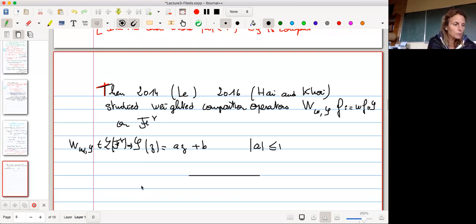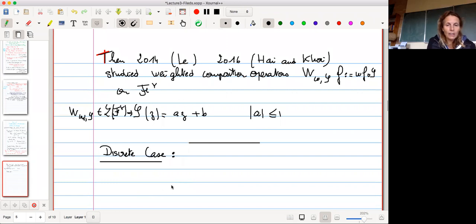So we begin with the study of the powers of C phi. So we would like to study the asymptotic behavior of that.